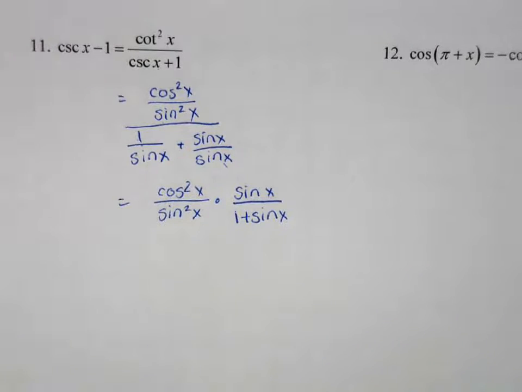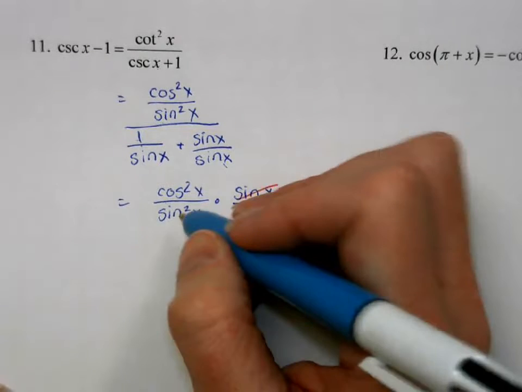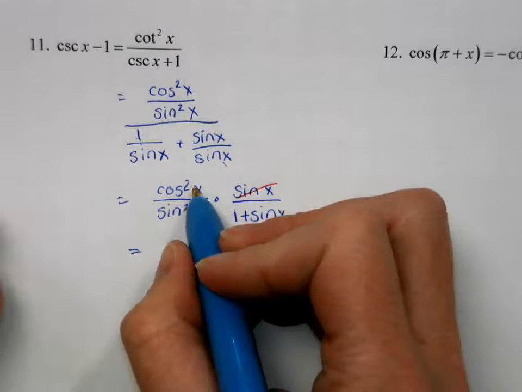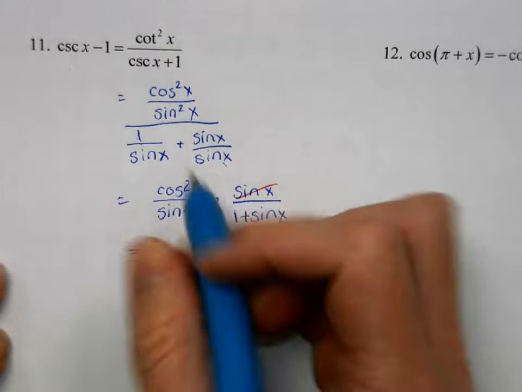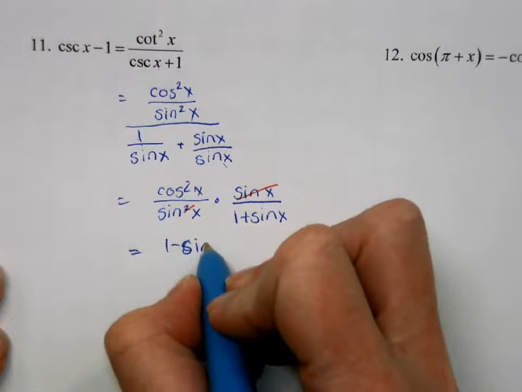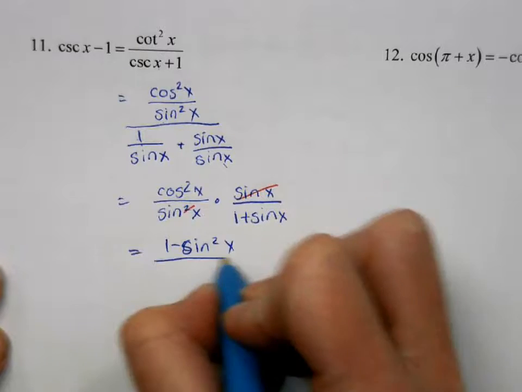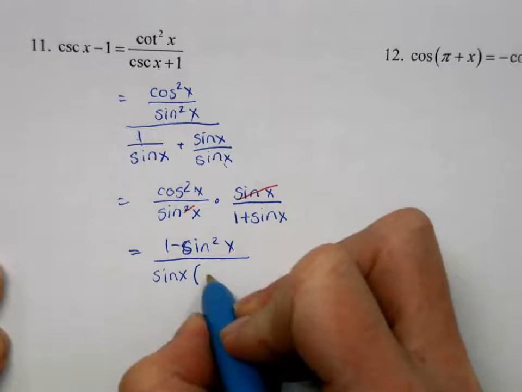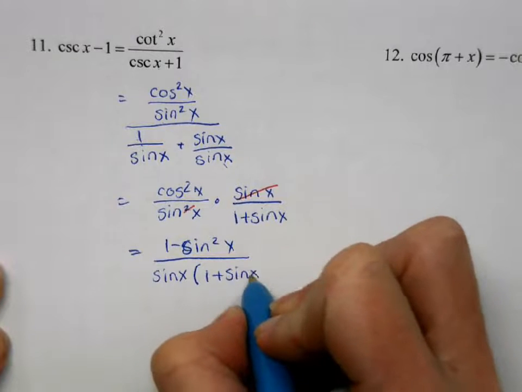Okay, so a sine cancels. So we're left with cosine squared, which I'm going to replace, because there's no cosines here, with a 1 minus sine squared. And that's going to be over sine of x, 1 plus sine of x. Okay, I can factor this.